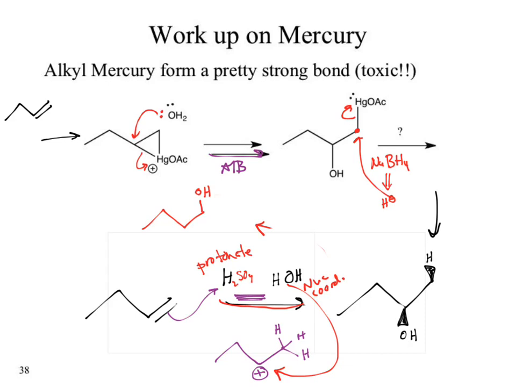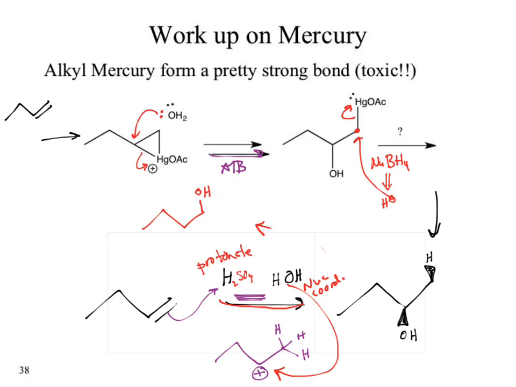If I have a structure where I could do a rearrangement and I don't want the rearrangement, sulfuric acid in water is a horrible option because it won't reliably just add H and OH across the pi bond. It'll add the H, and then the OH could be added at any place where that carbocation is more stable. So if I don't want the rearrangement, what do I need to do?